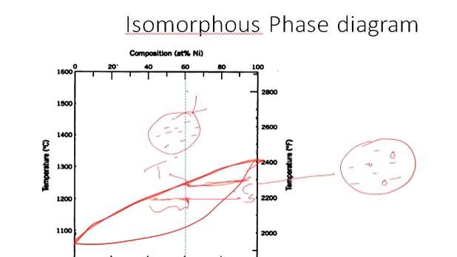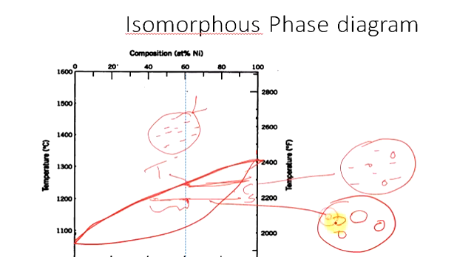If you want to draw the phase diagram at this particular point, it will be like this. There will be a mixture of solid and liquid, with almost equal phases, so more solid forms.